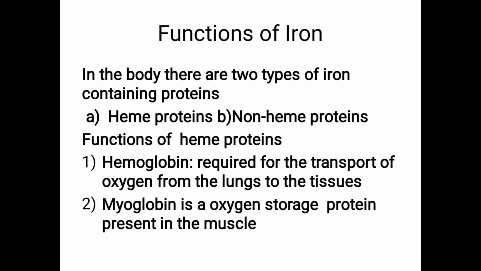So what are the functions of iron? As I told, there are two forms of iron, that is heme and non-heme. In the body there are two types of iron containing proteins: heme proteins and non-heme proteins.